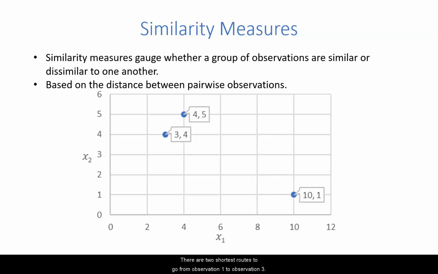There are two shortest routes to go from observation 1 to observation 3. First, we can go vertically down from observation 1, and then horizontally to the right to get to observation 3.